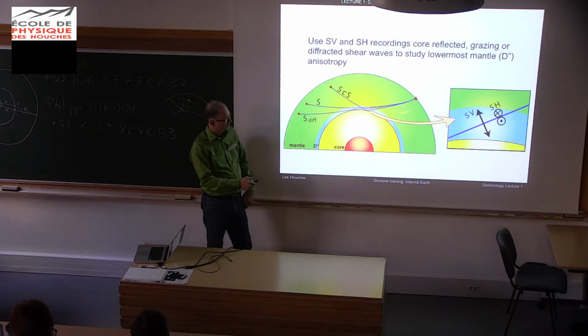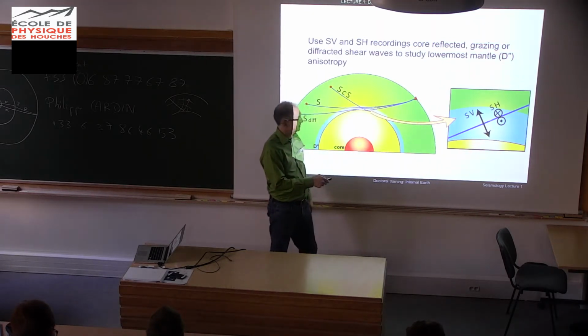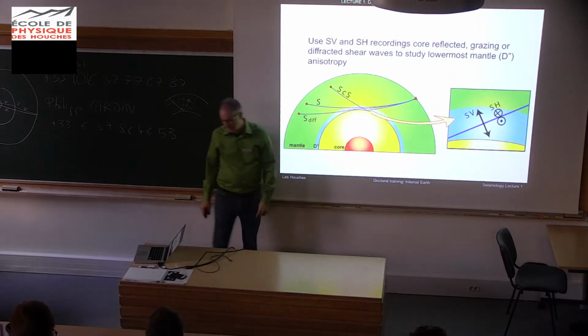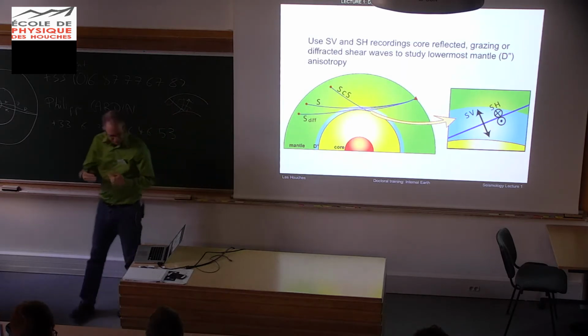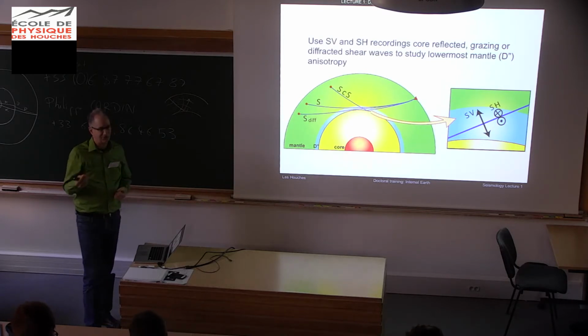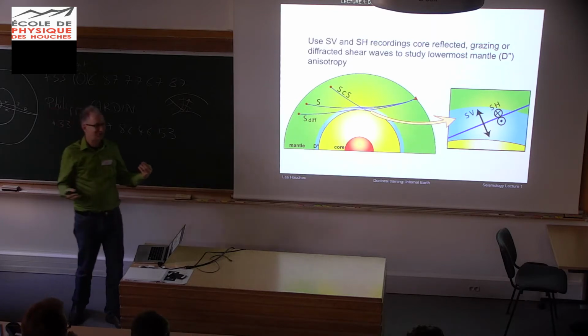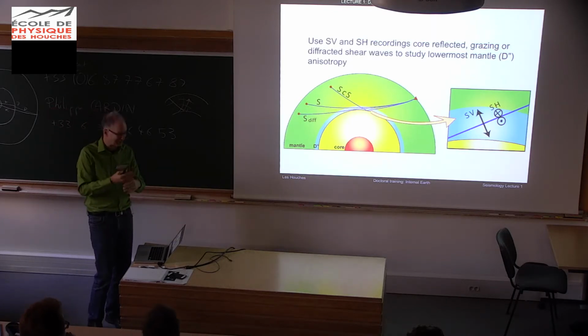You could decompose the wave field when it gets to your sensor into these two, and see if these two have separated. Because if I have an anisotropic medium here, remember, anisotropy is not isotropy, and isotropy, iso, is the same in all directions.